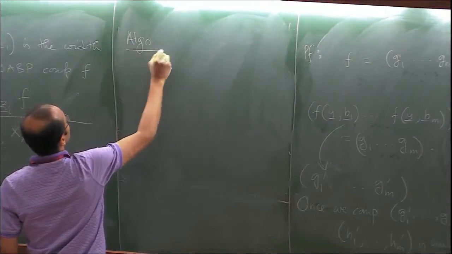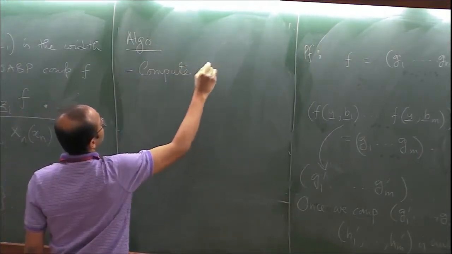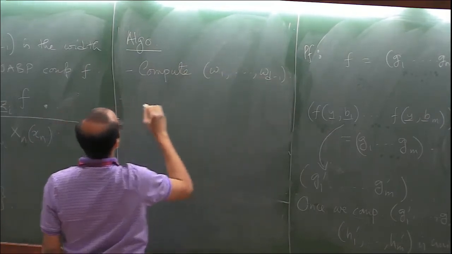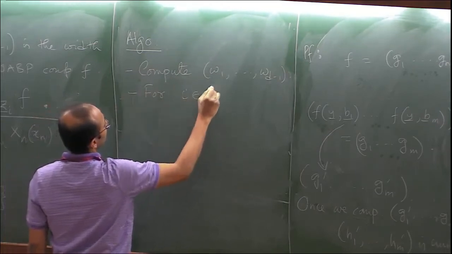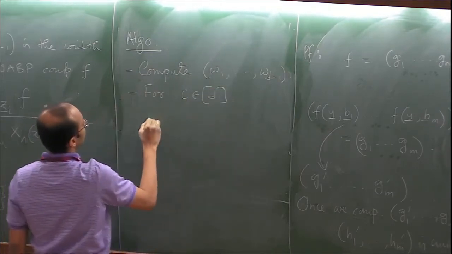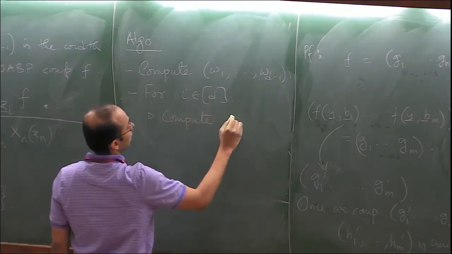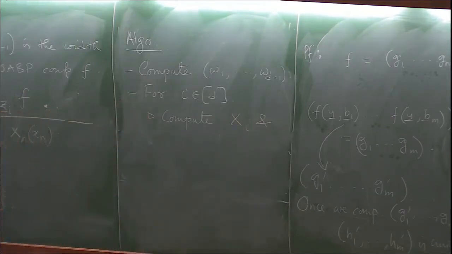The outer structure of the algorithm is pretty simple. We compute the width sequence of the smallest ROABP using that lemma. And then for every i in d, we try to compute x_i.